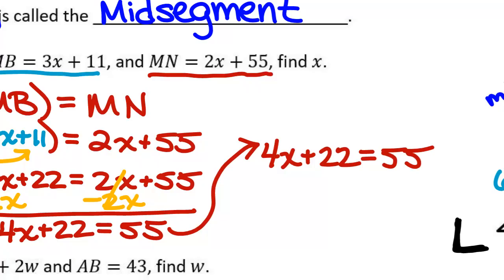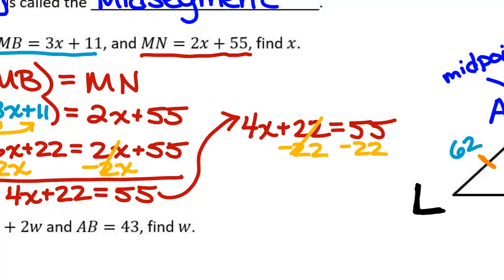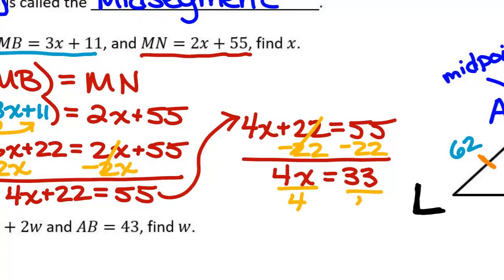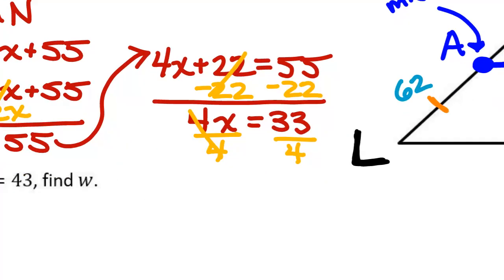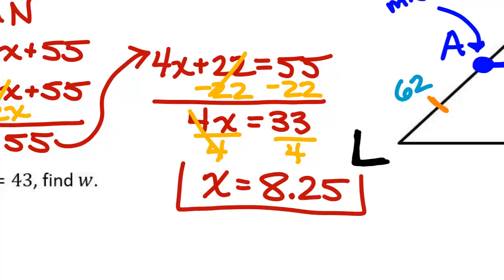Then I'm going to subtract 22 from both sides. I get 4x equals 33. And then I divide both sides by 4. And this does not come out very pretty. 33 divided by 4 comes out to be 8.25. It's not that bad, but it does come out to be a decimal.